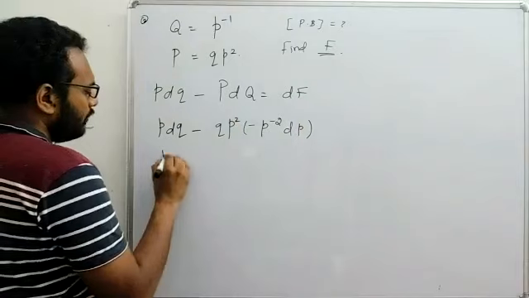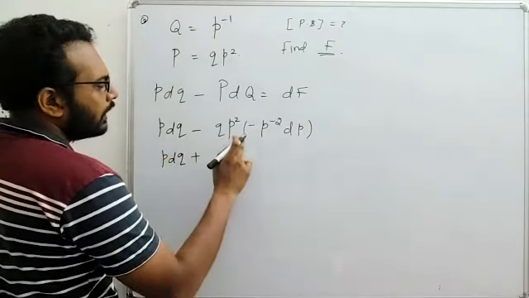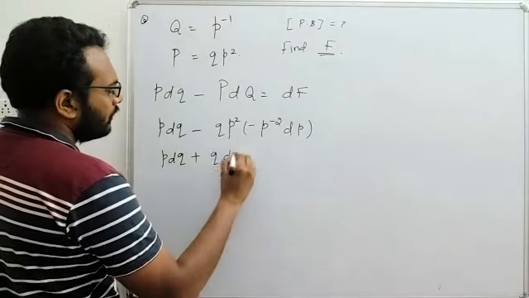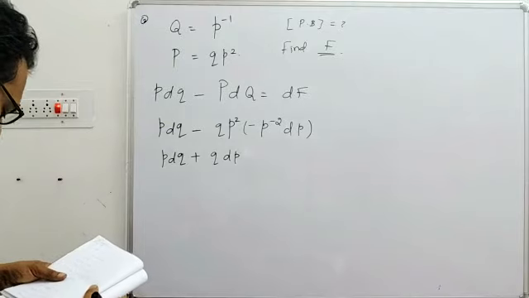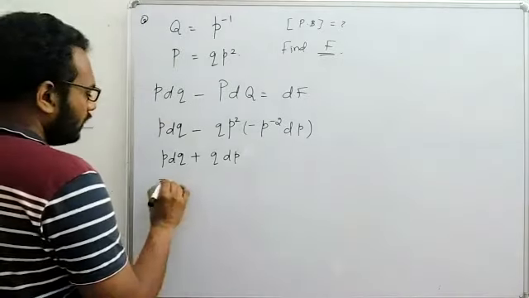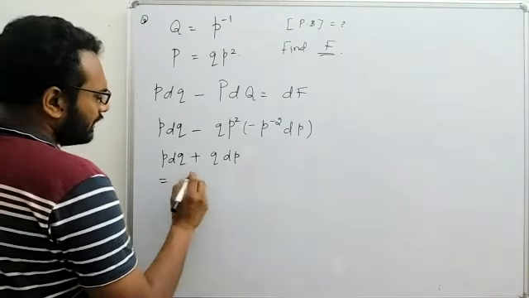This means p dq, we've got a plus there, and this goes q dp. Am I right? Yeah. Now, is this a perfect differential? You see that this is a perfect differential.